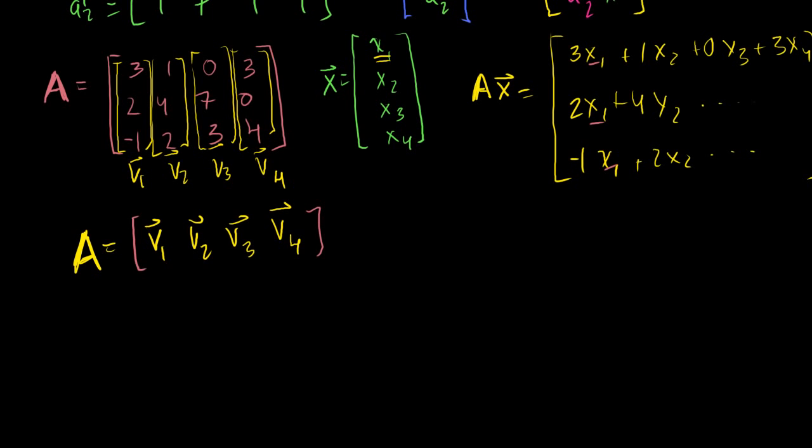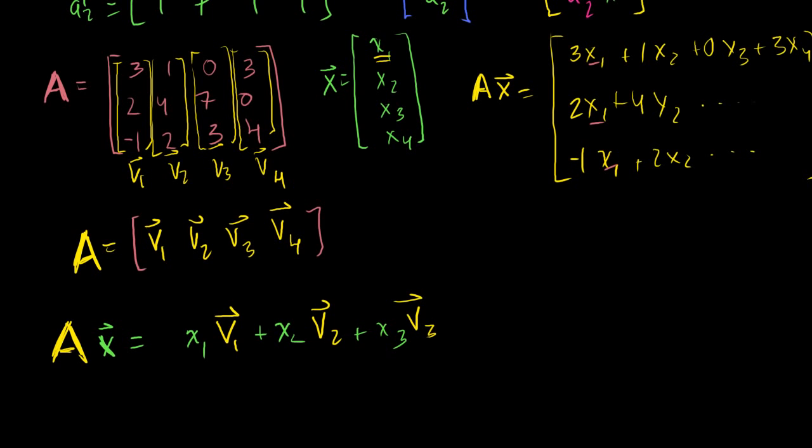So we can rewrite A times x as being equal to the scalar x1 times the vector v1, plus the scalar x2 times the vector v2, plus x3 times the vector v3, plus the scalar x4 times the vector v4.